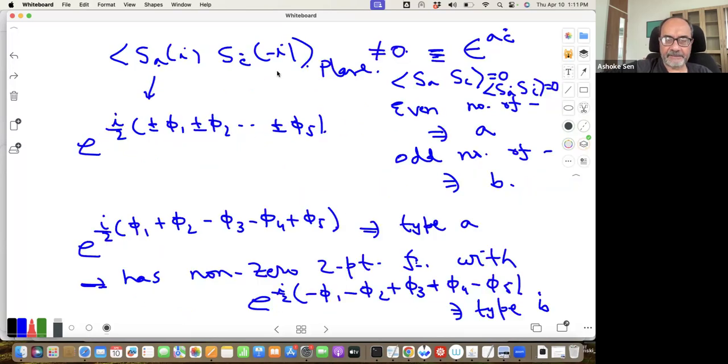Because this, in fact, is keeping track of the Lorentz invariance of the problem. The fact that this two-point function is given by epsilon AC dot is keeping track of the Lorentz invariance. It is basically saying that if you take two spinors of SO(9,1), then their product has an identity only if the two spinors are of opposite chirality.